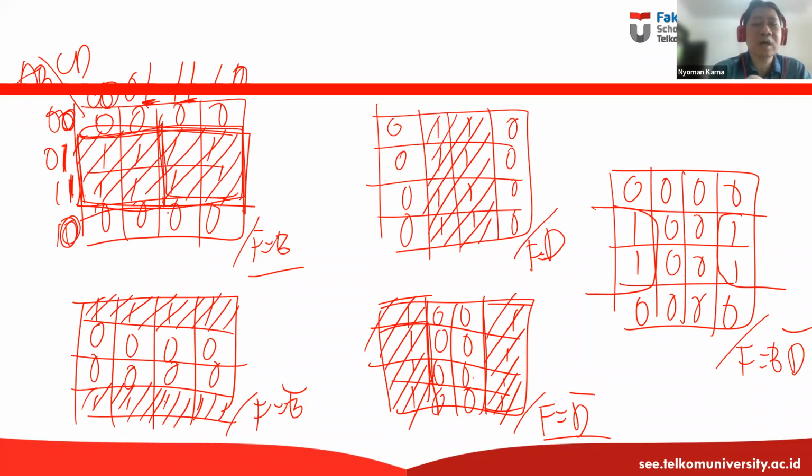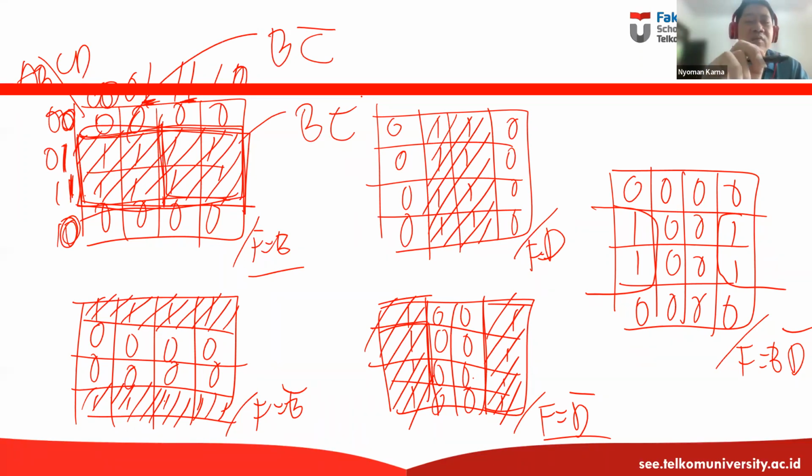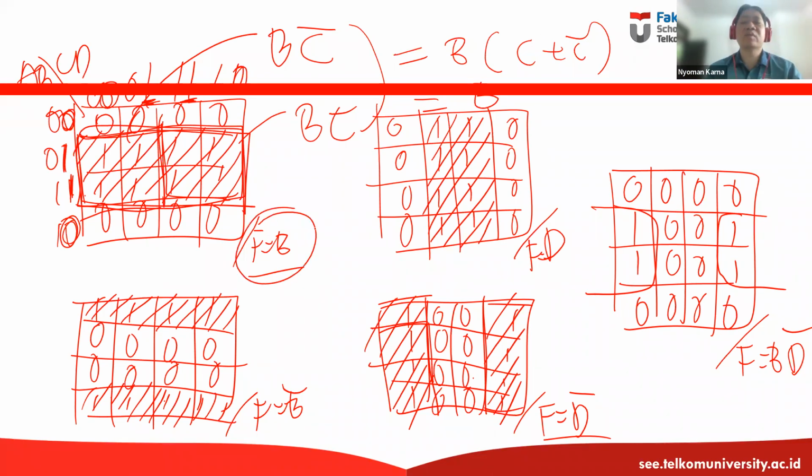So in this case, we have B C naught, this one is B C naught, and this one is B C. So we can identify that the function is B C naught plus B C. But we are already aware that this can be simplified again by using Boolean algebra, for example, to become only B. So this is actually the simplest form.